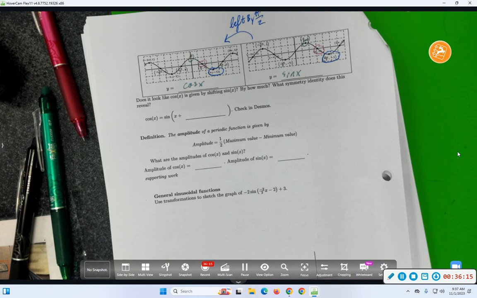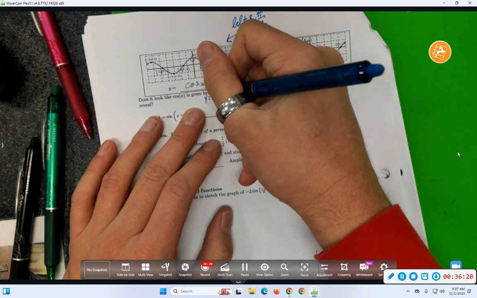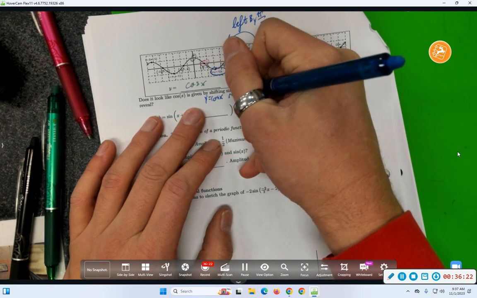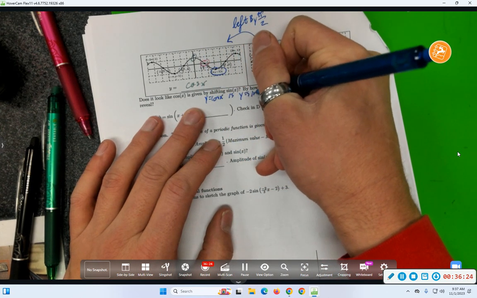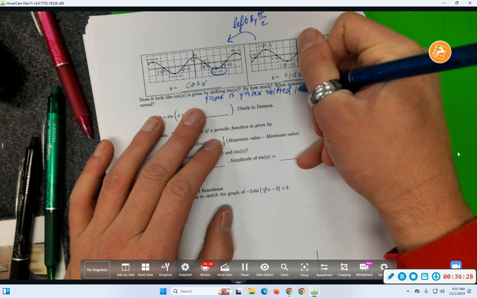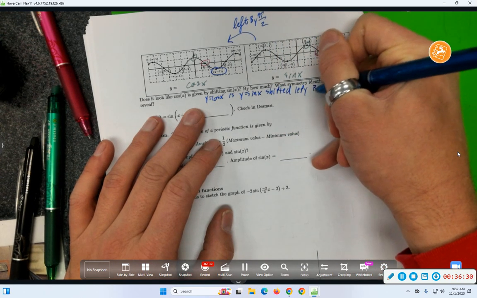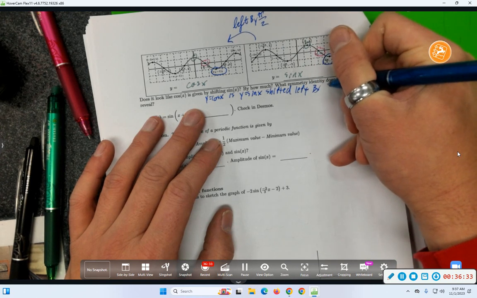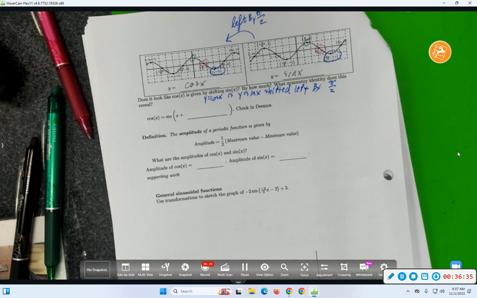Cool. So it looks like y equals cosine x is y equals sine x shifted left by pi over 2. That's the conclusion we just made.